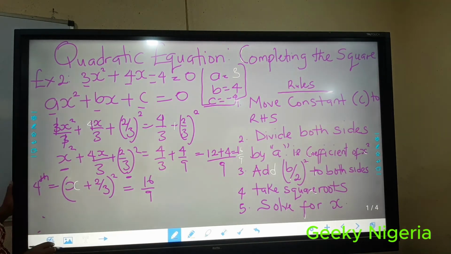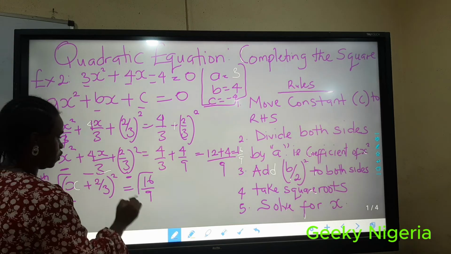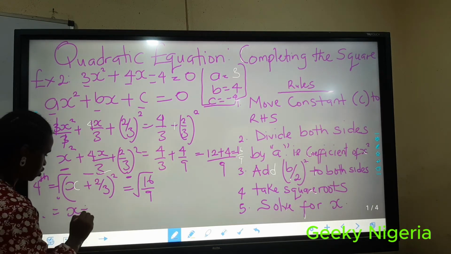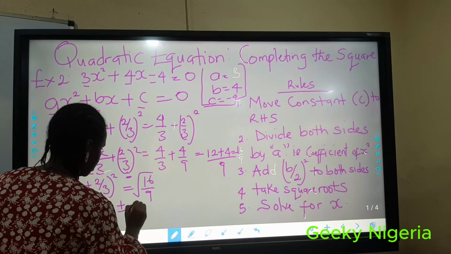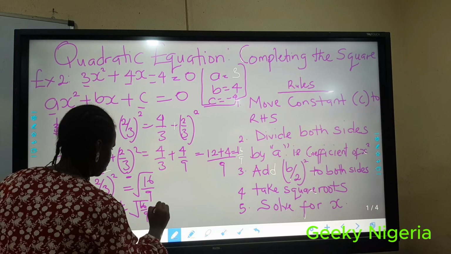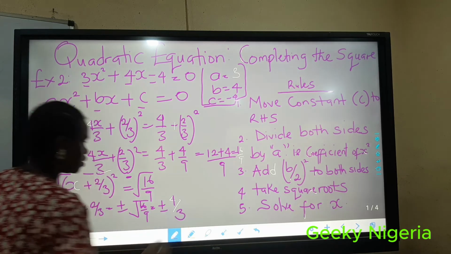So taking square roots, we're going to find the square root of all of this and the square root of all of that. So the square root of this becomes x plus 2 all over 3 is equal to plus or minus the square root of 16 all over 9. That is plus or minus 4 all over 3.